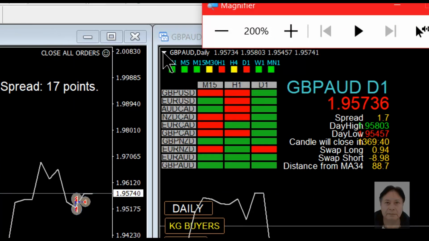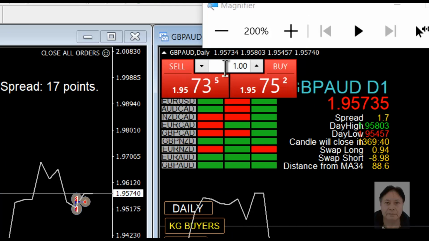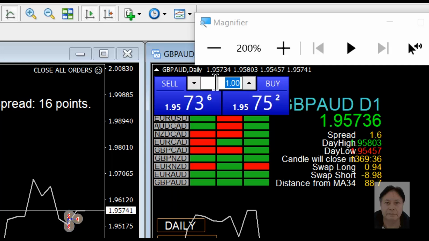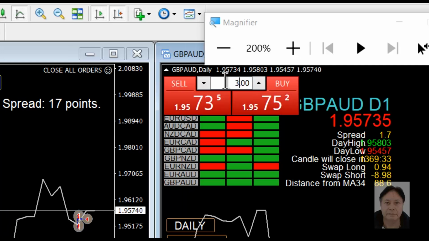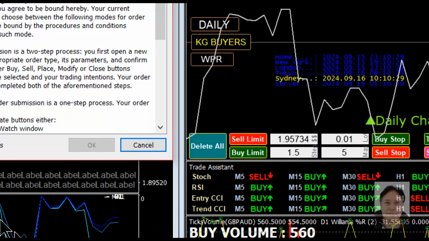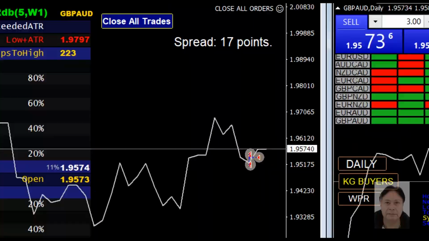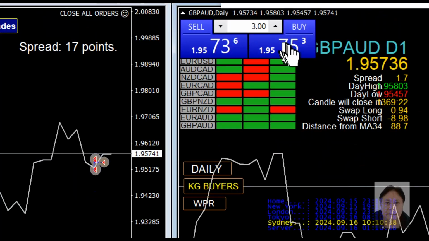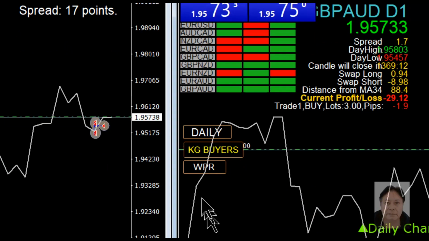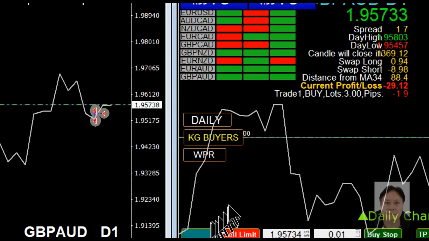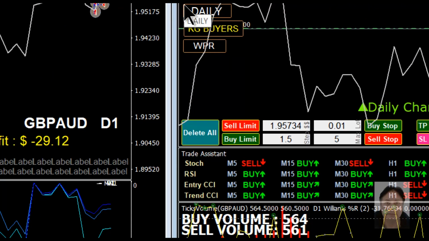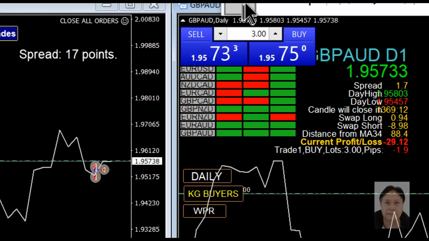So I'm going to do a trade, and I'm going to go for three lots, and it's a buy order. And then you've got to agree that, okay, and then do it again because it's a new setup. Right, you should set a stop loss and a take profit. If you're going away, you need to set the take profit.